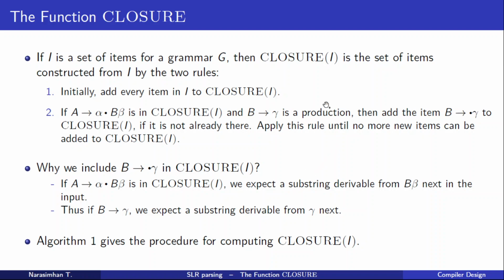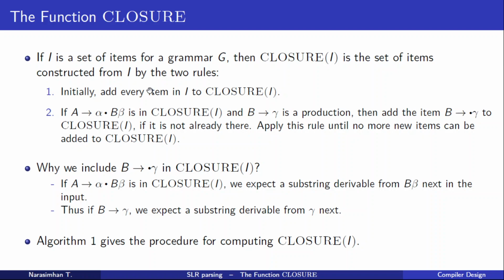The function closure takes as input an item set I. The closure of I is computed using two rules. The first rule says that by default every item in the item set I will be an element of the closure set.